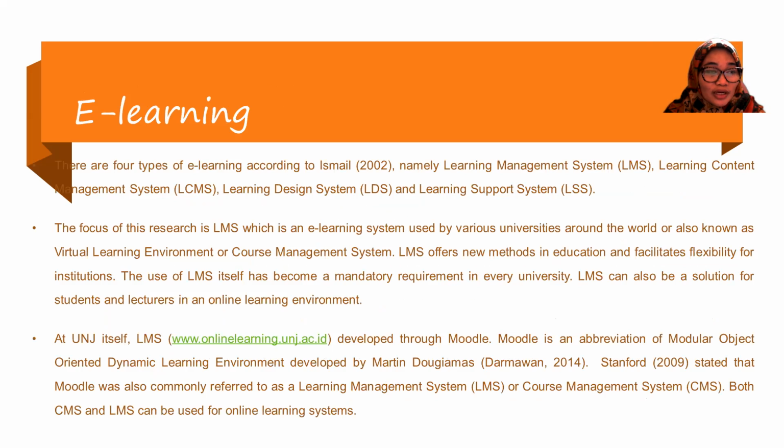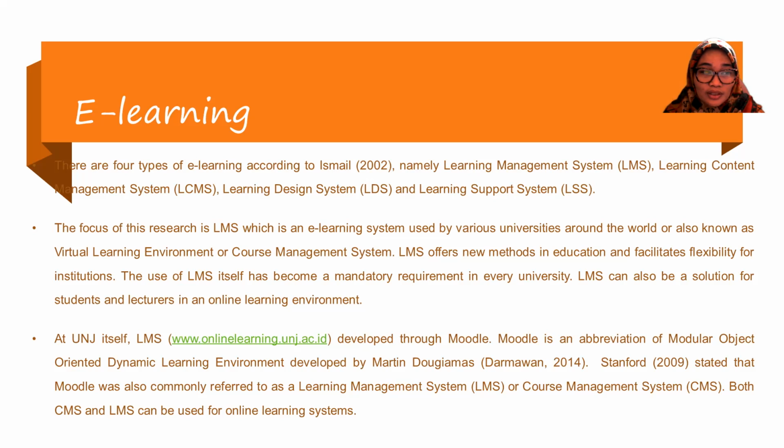We move to the ideas of e-learning itself. There are four types of e-learning according to Ismail in 2002, namely learning management system, learning content management system, learning design system, and learning support system. So the focus of this research is the learning management system, which is an e-learning system used by various universities around the world.